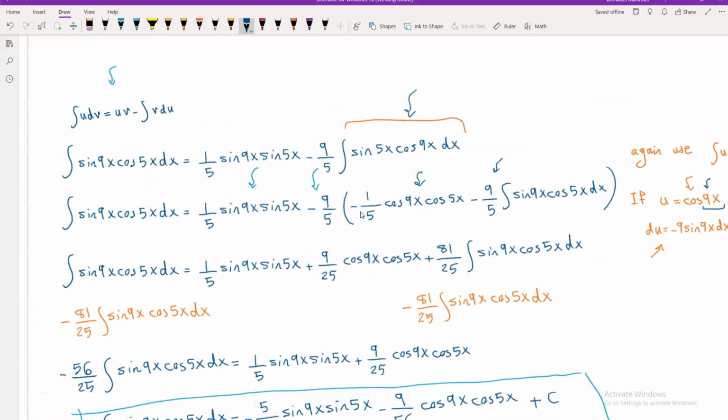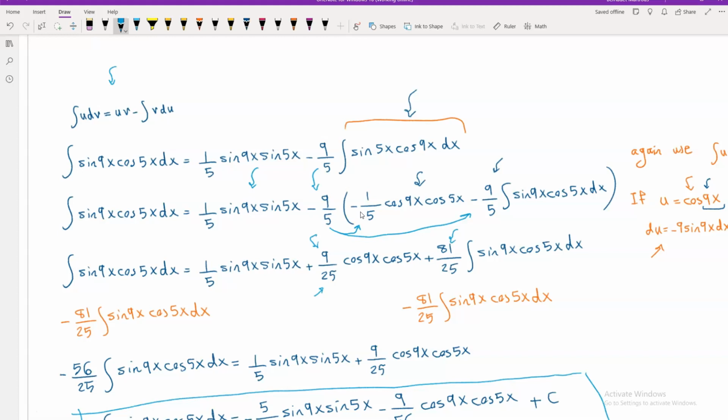And then next step, used the distributive property. So I multiply by the first and second term. So we have negative 9 times negative 1, we have positive 9, divided by 5 times 5, so it is 25. And then here we have negative 9 times negative 9 is positive 81, denominator 5 times 5 is 25.